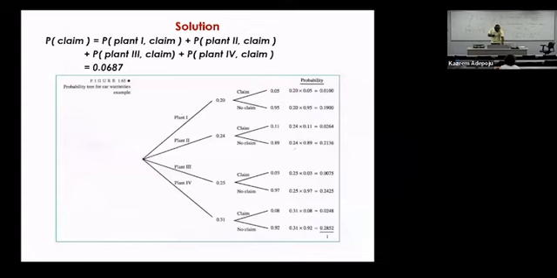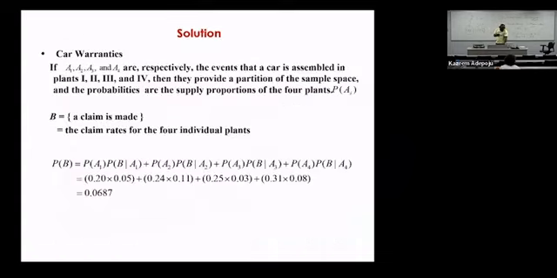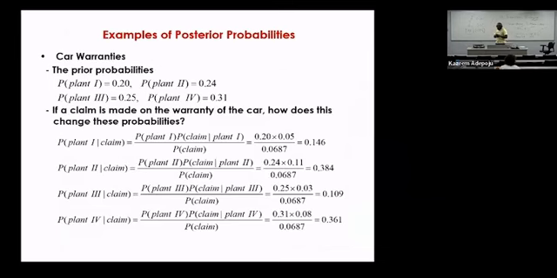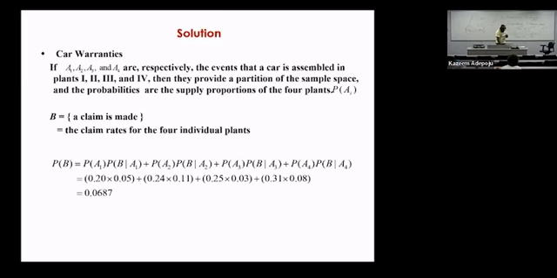Now after getting this, you can find a posterior, where they're going to say, if a claim has been made, what is the probability that it is from plant 1? That's the posterior. What is the probability that it is from plant 2, given that a claim has been made? So the probability of the claim is the total probability that you need to first figure out.